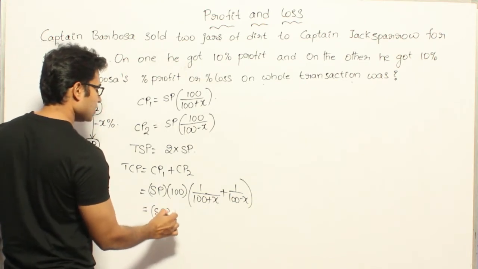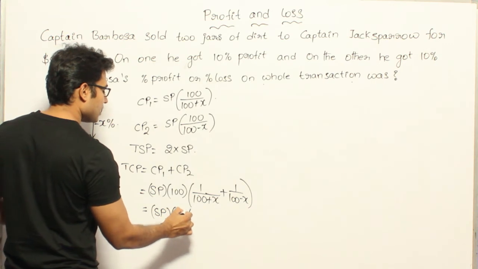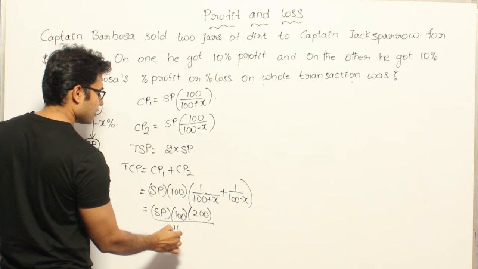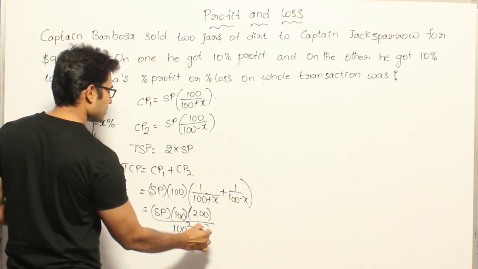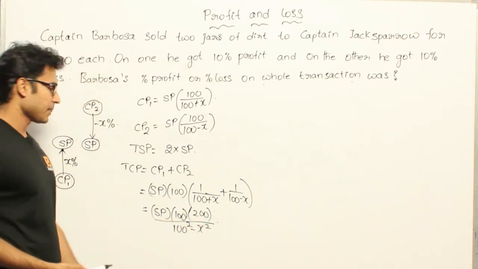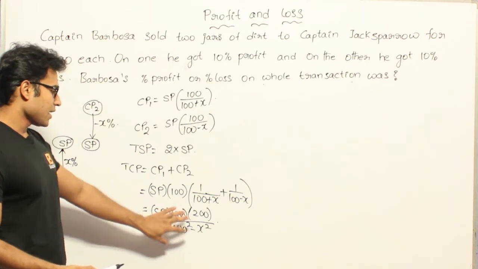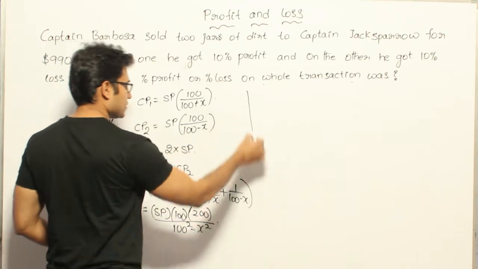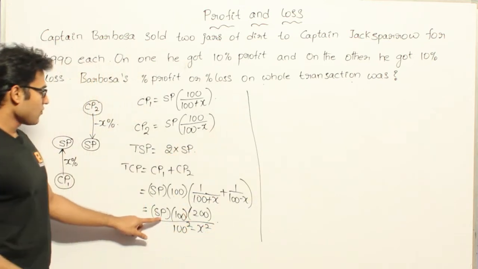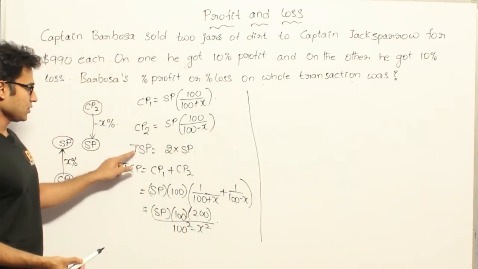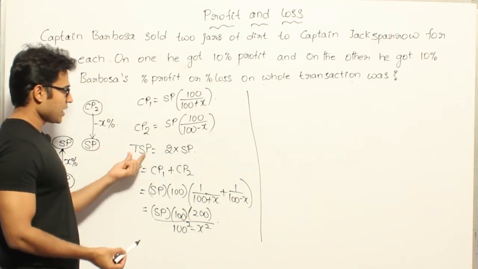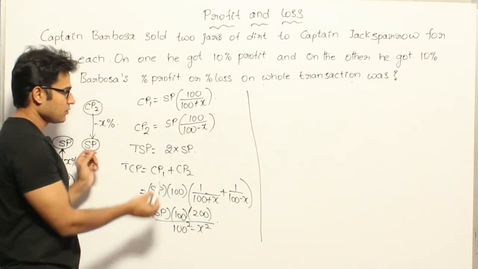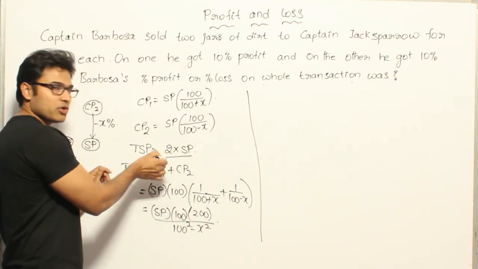SP into 100 into 200 divided by 100 square minus X square. This is what I get. Now I arrange the terms, see the arrangement. I want to compare this total cost price with total selling price. That is why I want to write total cost price equal to total selling price into something. Now if you see this, total selling price equals 2 into SP.